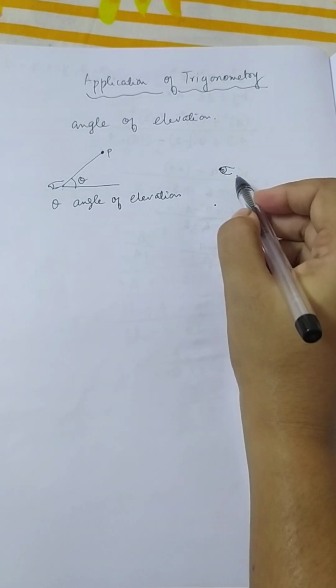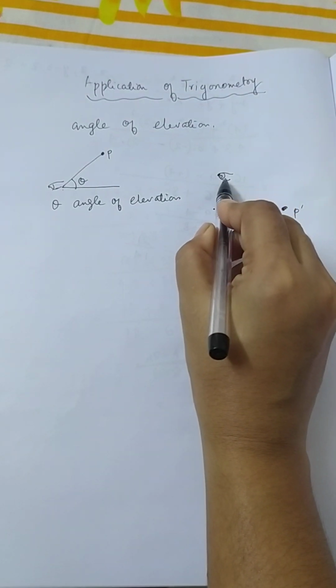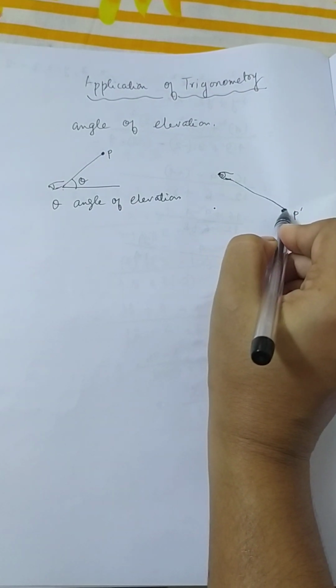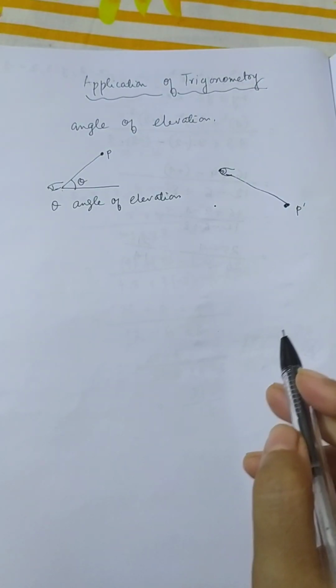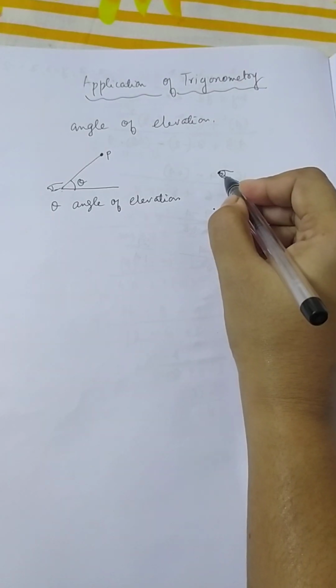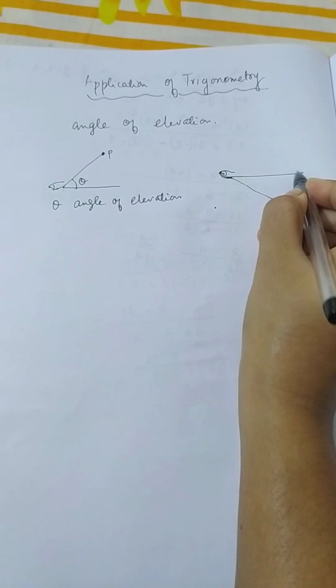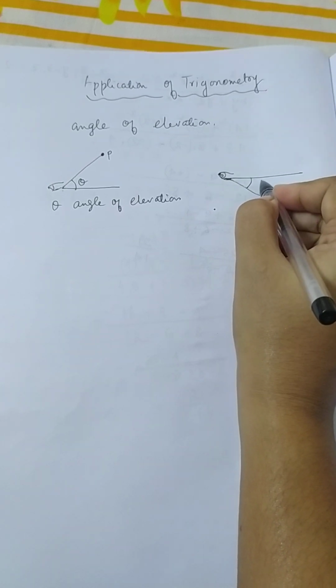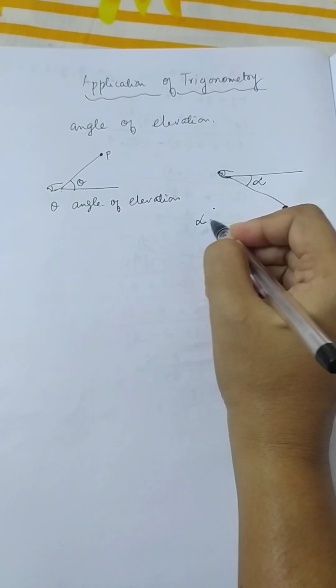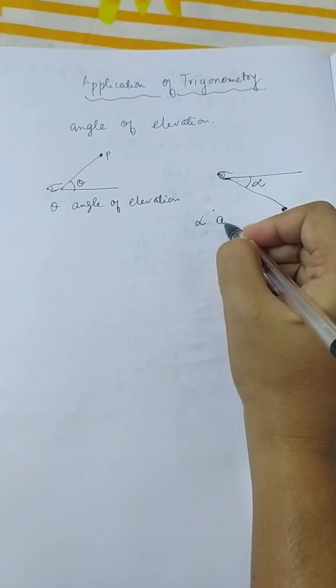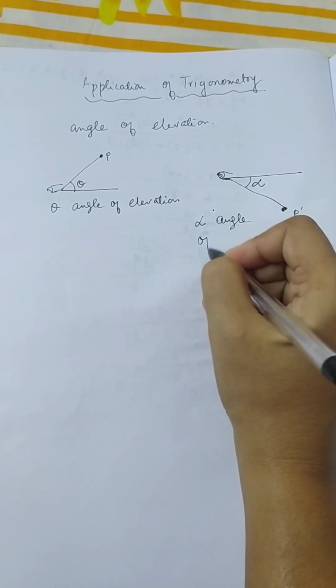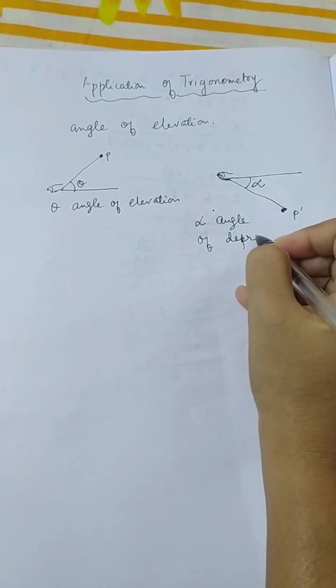Now at which angle will he look? As we know that human beings always look in a straight direction, so it will be like this. If I make a horizontal line along this, then this angle alpha is called the angle of depression.